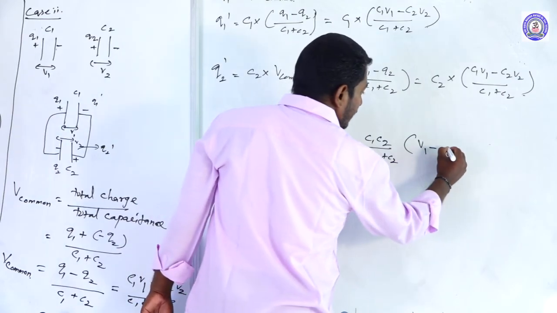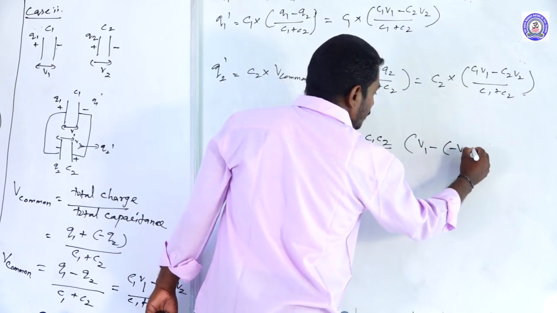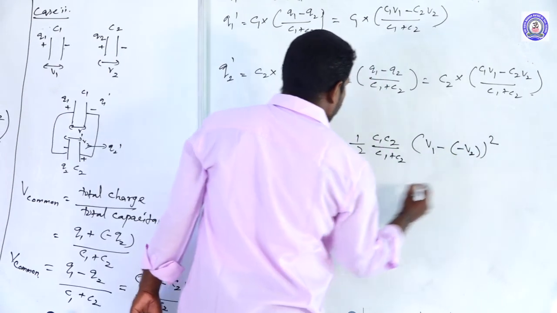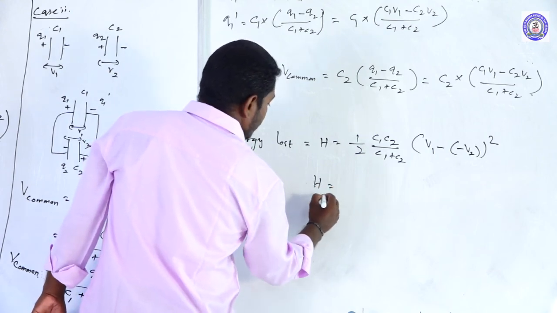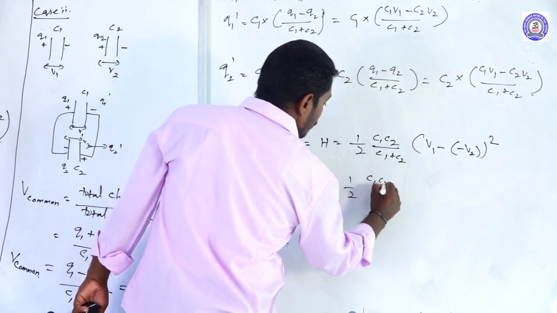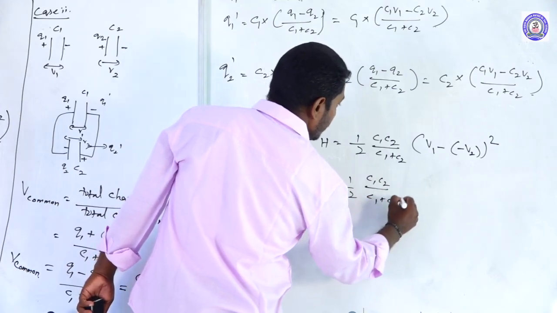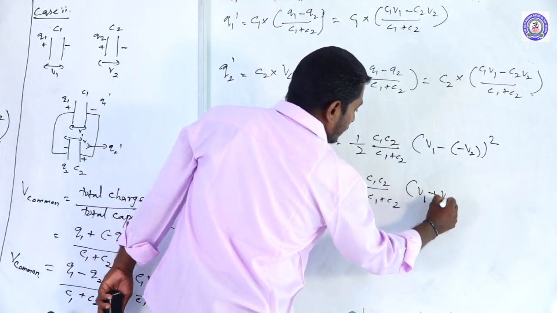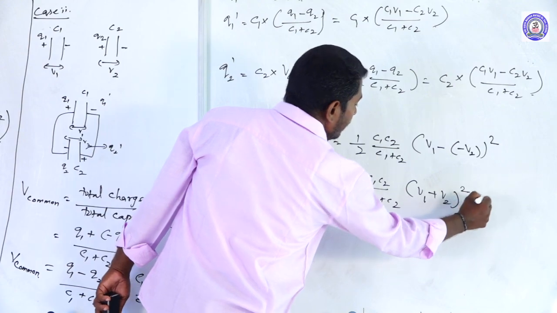Then the energy lost is equal to half C1 C2 divided by C1 plus C2 times (V1 plus V2) whole square. This is another expression.